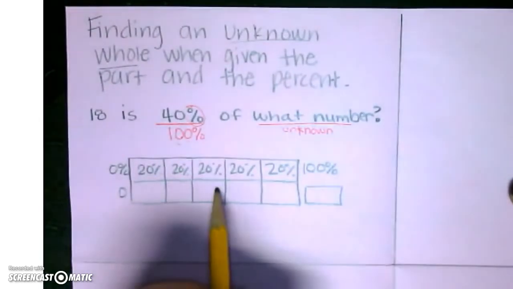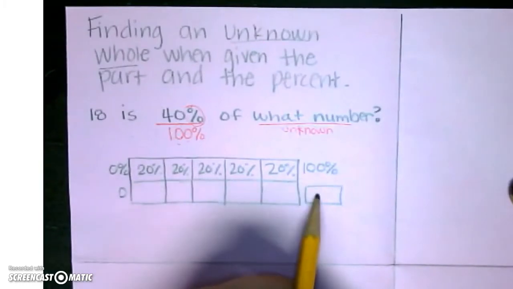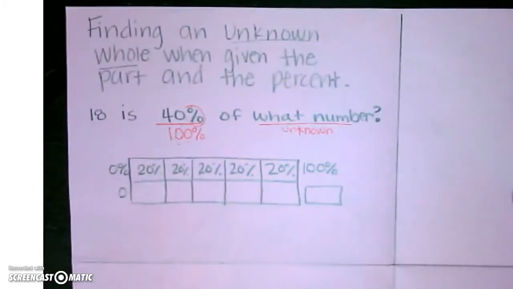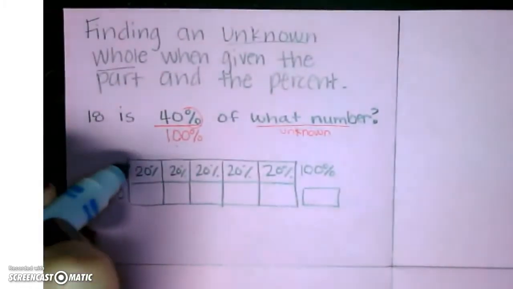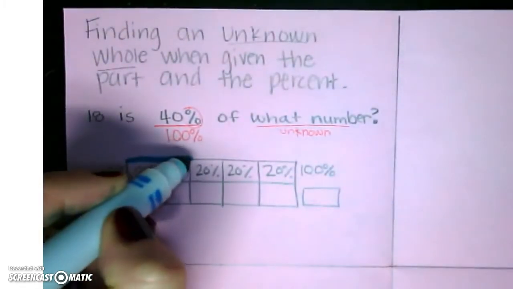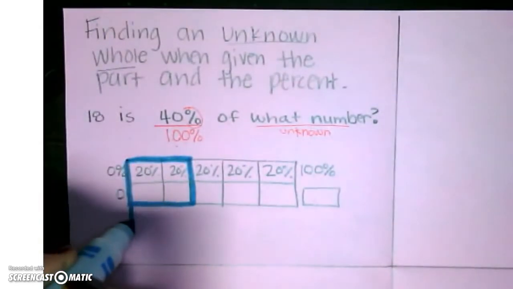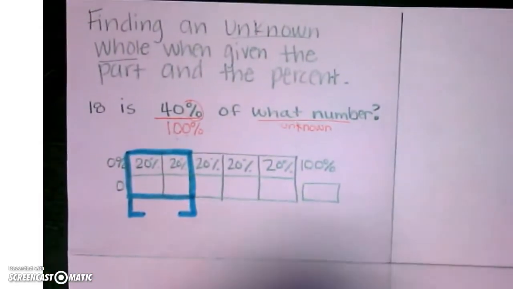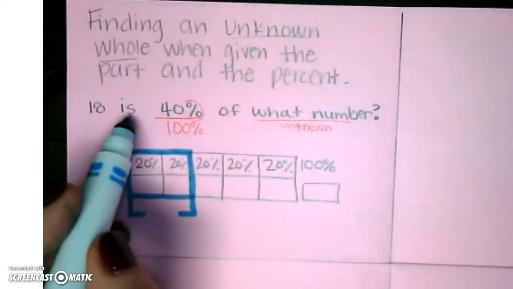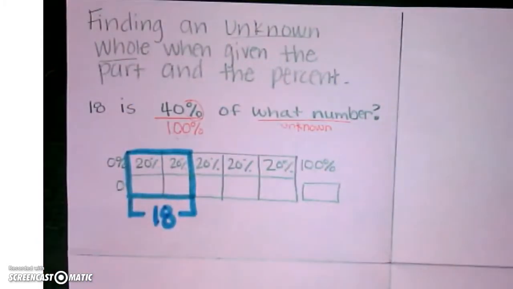So now I've got my number, the part of my diagram that's modeling my number. Again, I don't know the whole, but I do know what 40% of this number is. So here's 20 and 40. I know what this is because it told me in my problem. It told me that 18 is 40% of some mystery number.